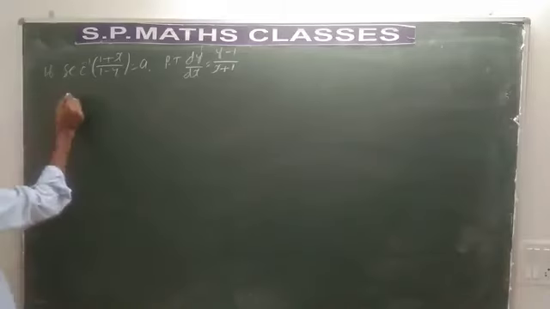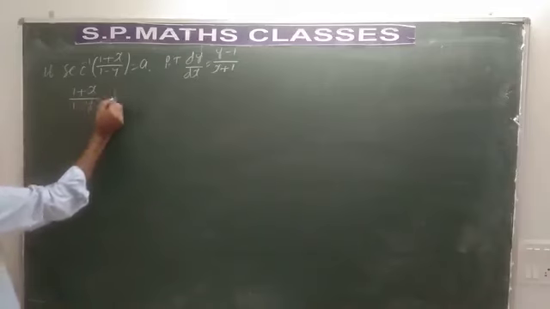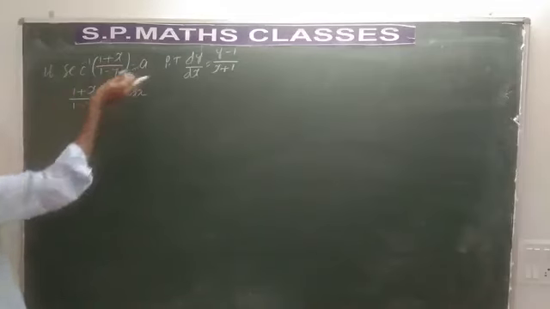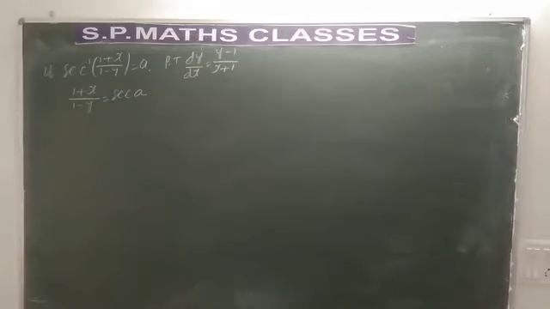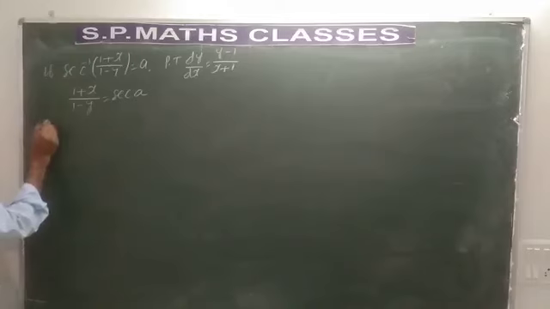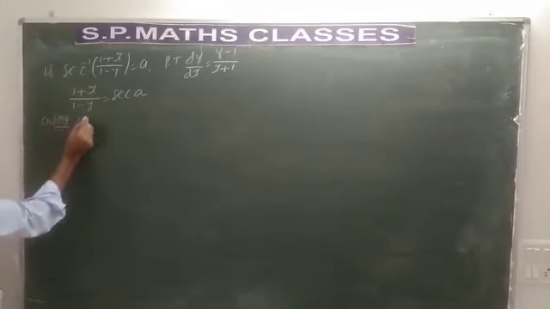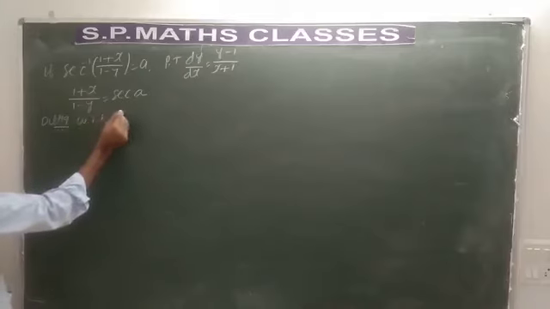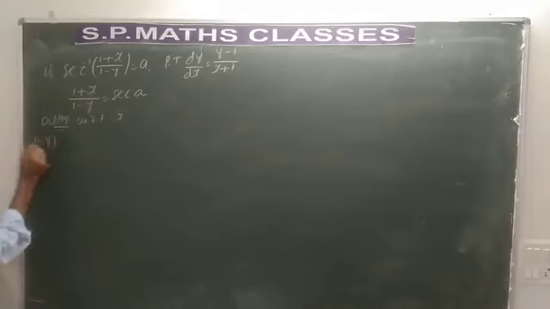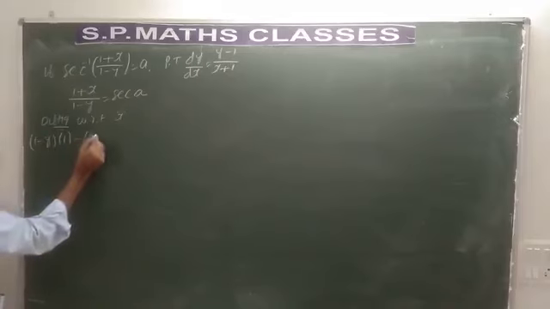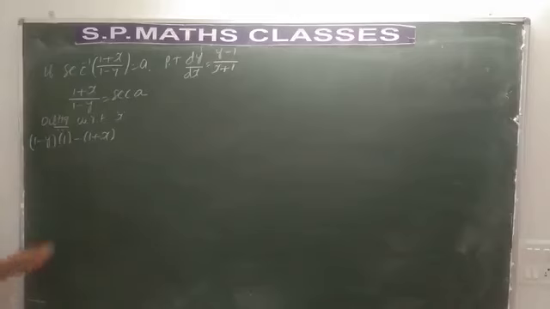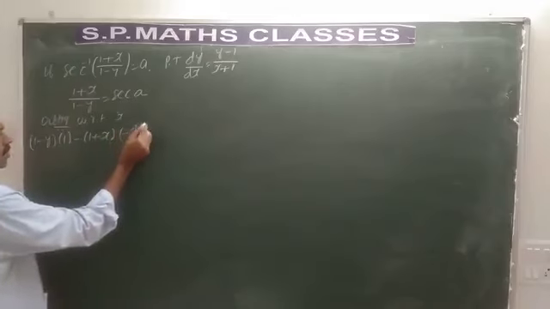Let us take it like this: 1 plus x divided by 1 minus y is equal to secant a. Secant inverse when it goes to RHS becomes secant a. So now take the derivative, differentiating with respect to x. What happens? Denominator, derivative of numerator, minus numerator, derivative of denominator.